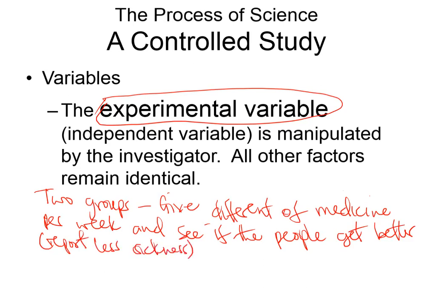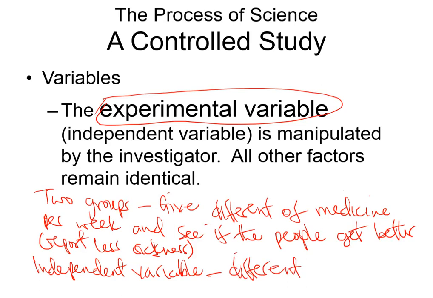Now, your experimental variable, or your independent variable, will be the different types of medicine.